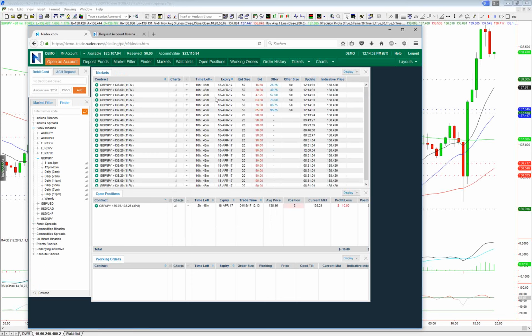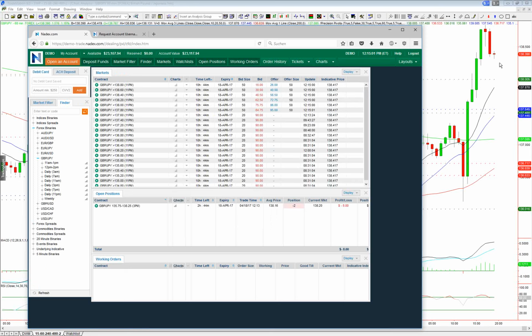And the judgment call with binaries is: is the underlying market trading above the strike price, or below that strike price? If it's trading above the strike price, that option contract is worth $100. If it's trading below the strike price, it's worth $0. Therefore, also the name binary. It's true or false: it's worth something, and that something is always $100, or it's trading below the strike price at expiry, and then the value of that option is $0.